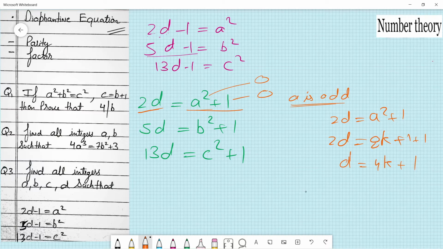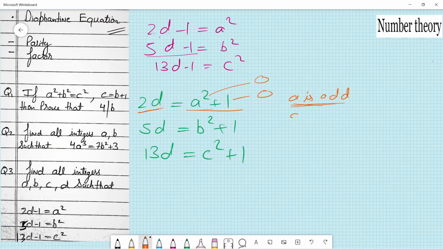Okay, what can we say from here? We clearly see this is odd, so d is odd. Yes, d is odd. So now what we have is a is odd and d is also odd. So let's write it here.